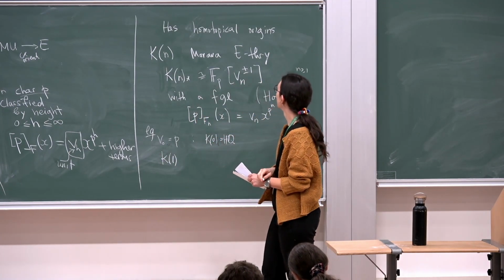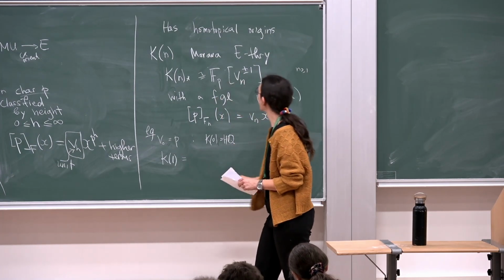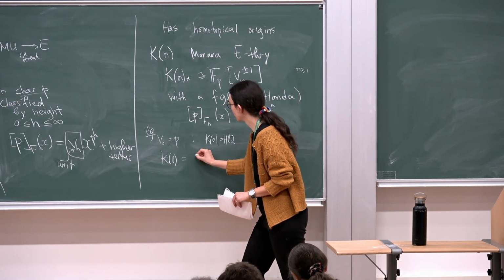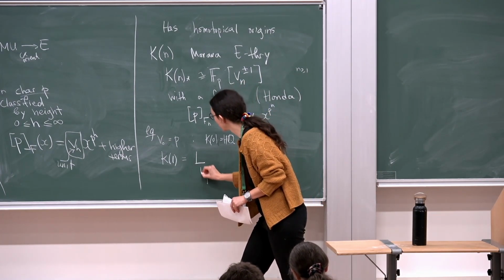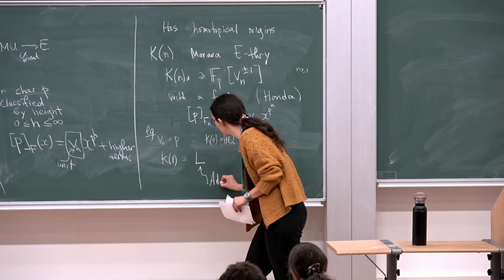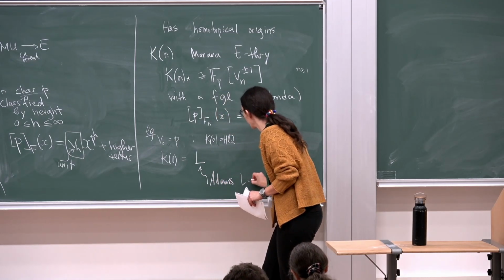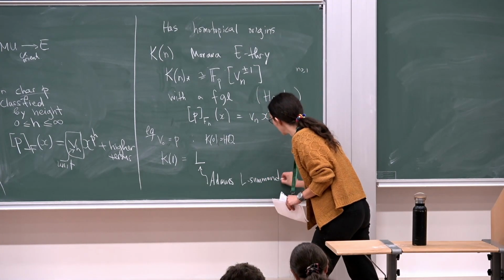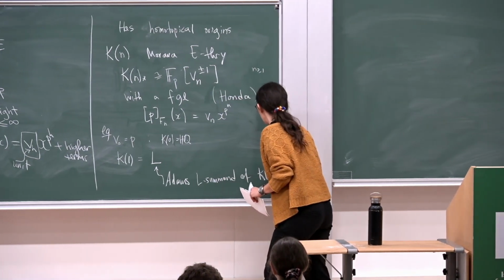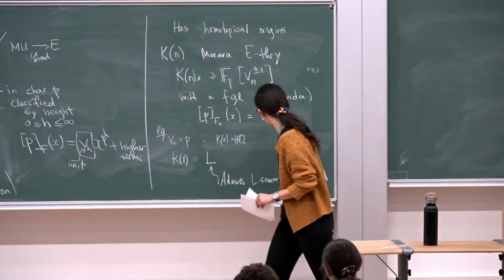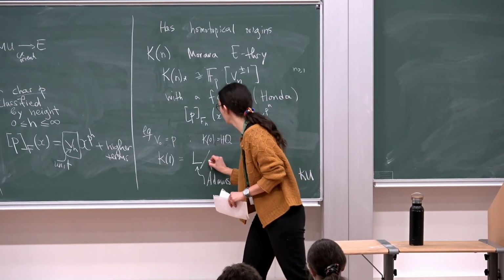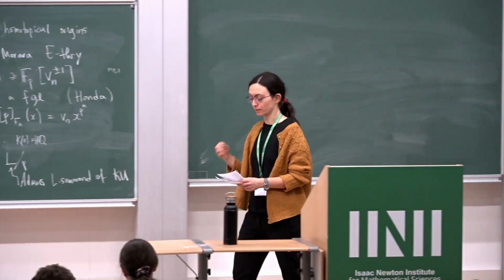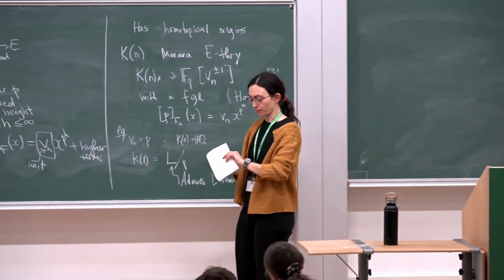K1 is just L, where this is the Adams L summand of Ku, so it's a piece of complex K theory, not p, and so on.